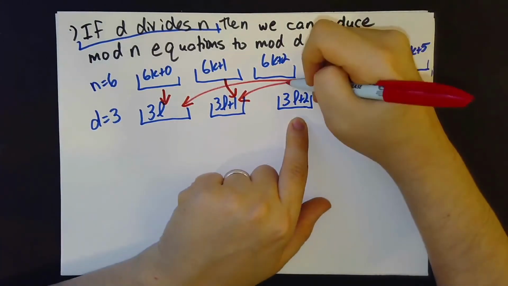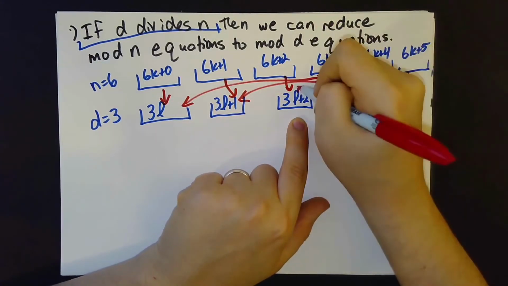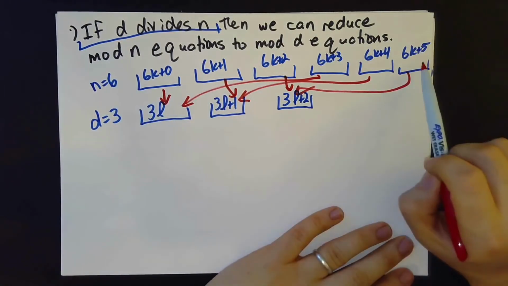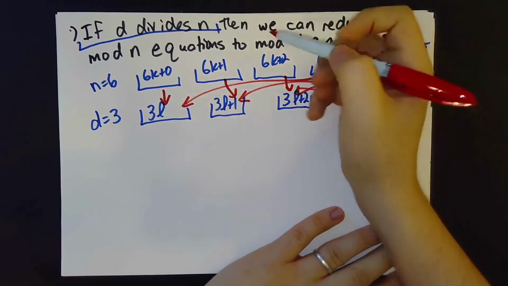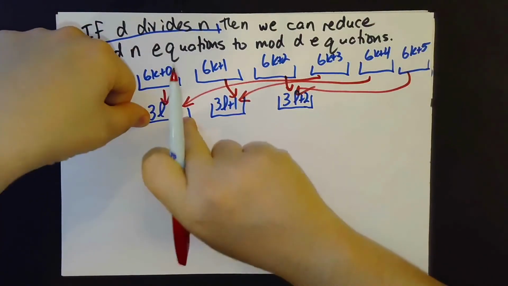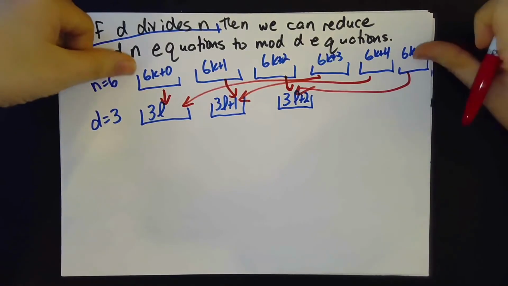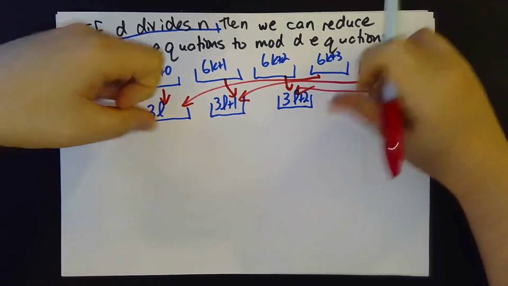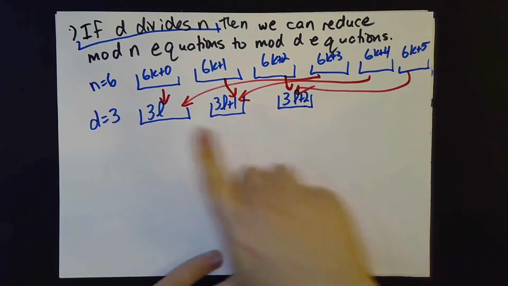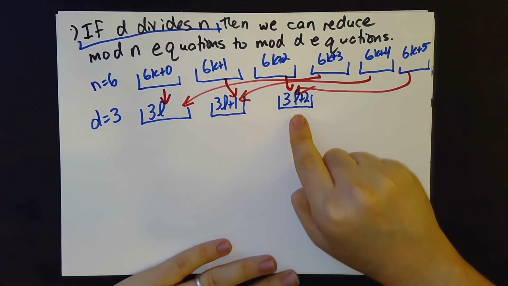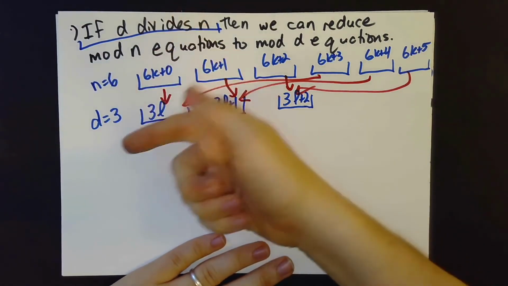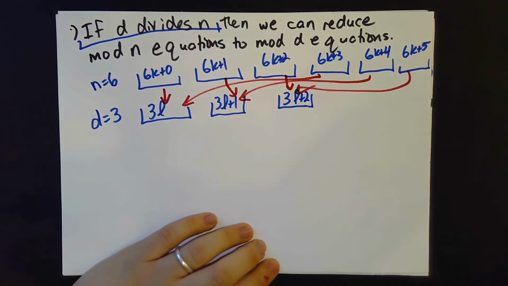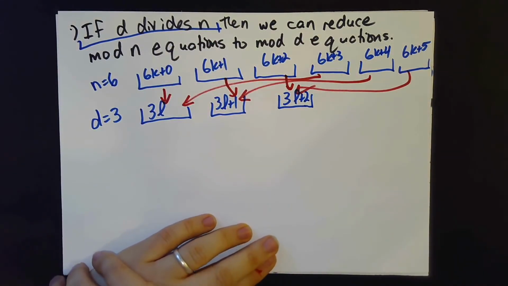And the 3L plus 2 bucket is exactly the 6K plus 2 bucket and the 6K plus 5 bucket. So these 6 buckets become 3 buckets, and you just dump the entire contents of 2 of them into here. So anything that was true about these buckets up here still gives you something that's true about these buckets down here. If you attempted to make a similar construction, but for mod 12 into mod 10, it will not work, because if I know what a number is mod 12, that doesn't tell me what the number is mod 10.